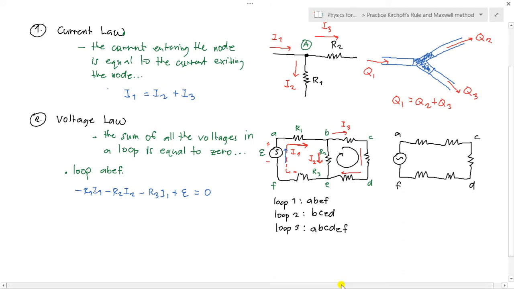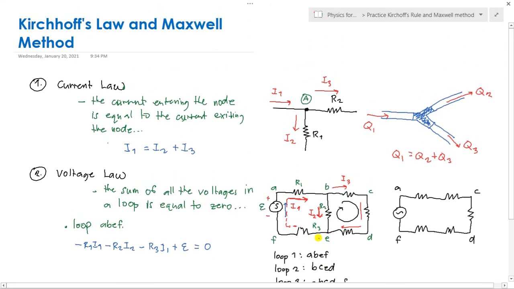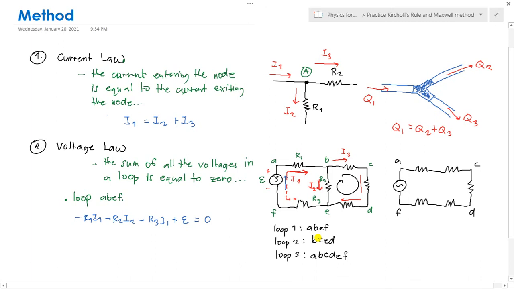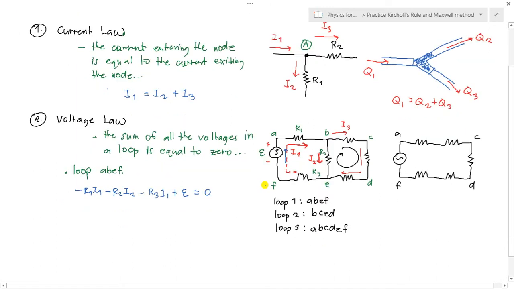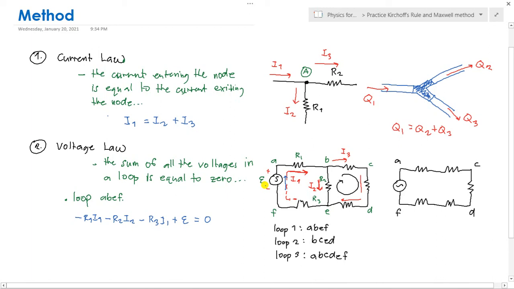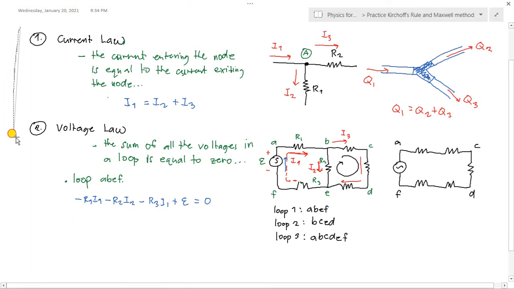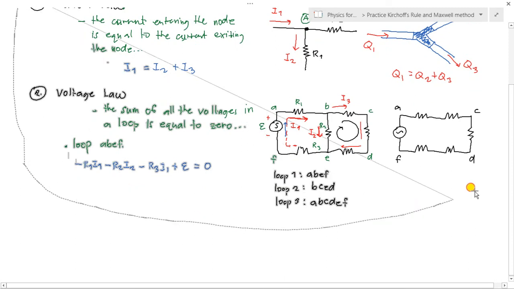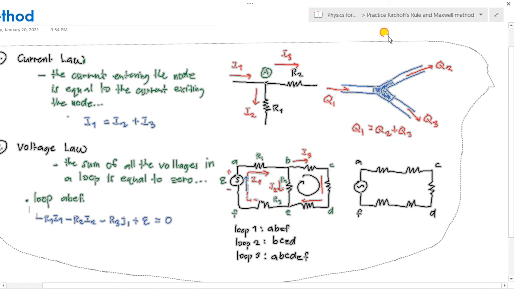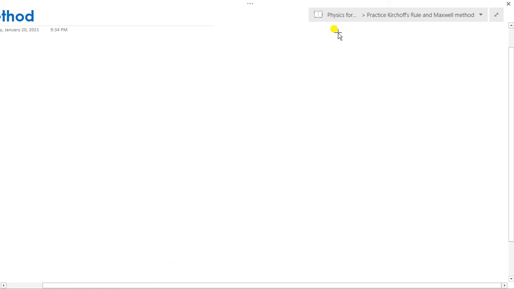So that is Kirchhoff's laws. We have the current law, which is more on node analysis, where we analyze the nodes, and for the voltage law we analyze the loops. And the second method is Maxwell's. With Maxwell's, you can solve any kind of circuit.